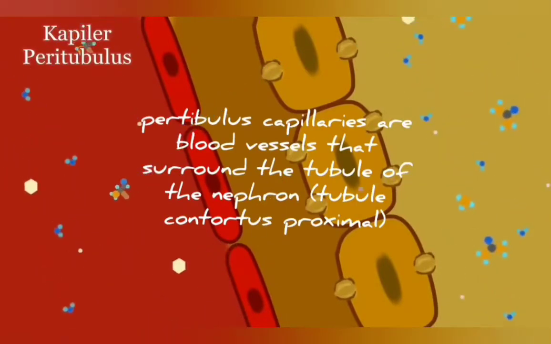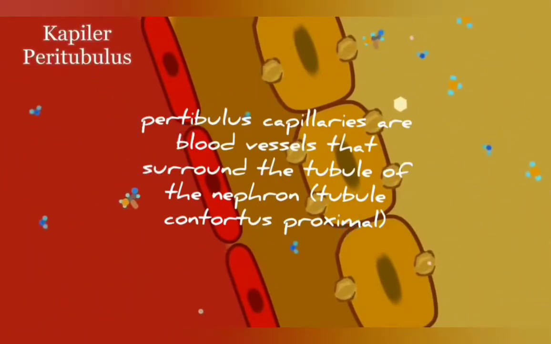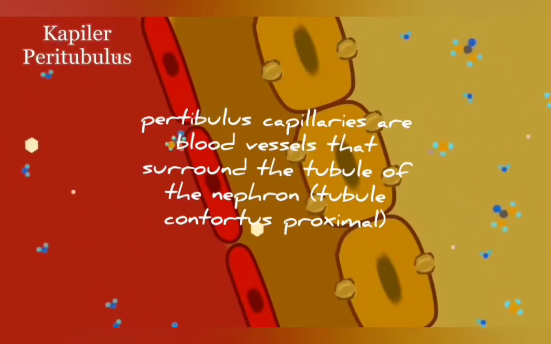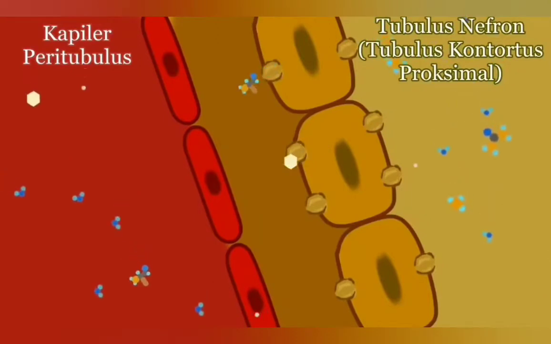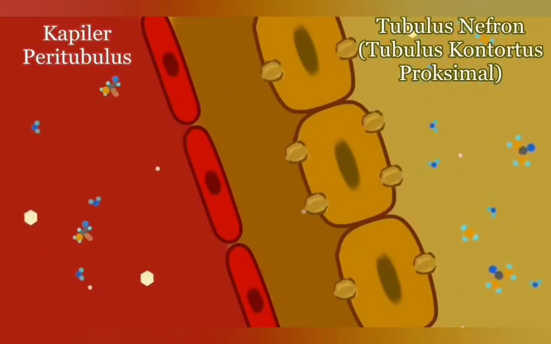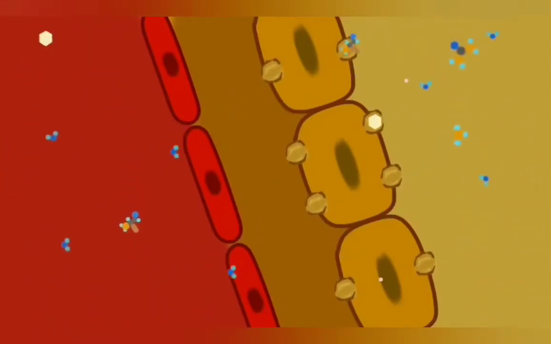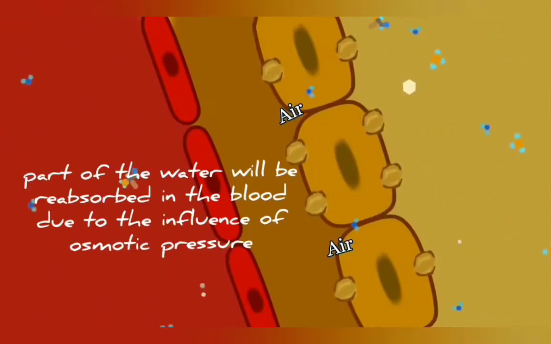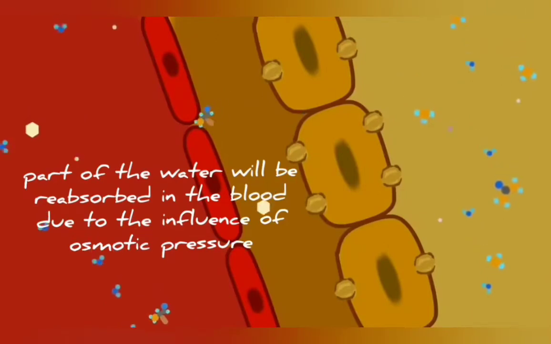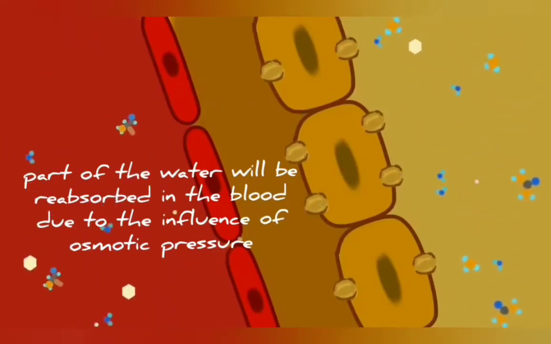Peritubular capillaries are blood vessels that surround the tubule of the nephron. Part of the water will be reabsorbed into the blood due to the influence of osmotic pressure.